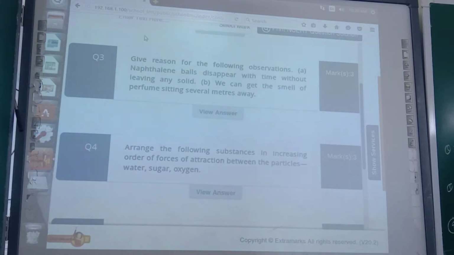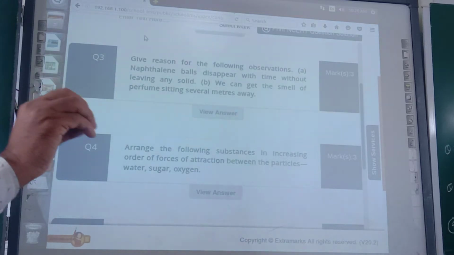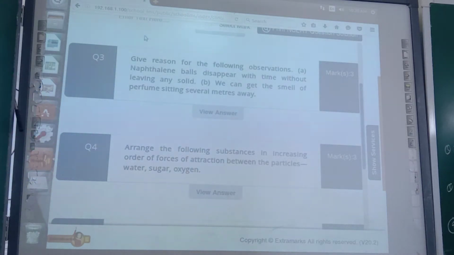Second one is we can get the smell of perfume sitting several meters away. So just see, perfumes use some volatile substances. Volatile substances means which can vaporize easily. So perfumes evaporate very easily. And with air, due to the process of diffusion, they travel to a long distance.